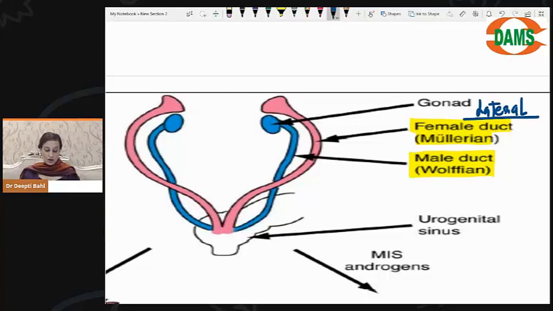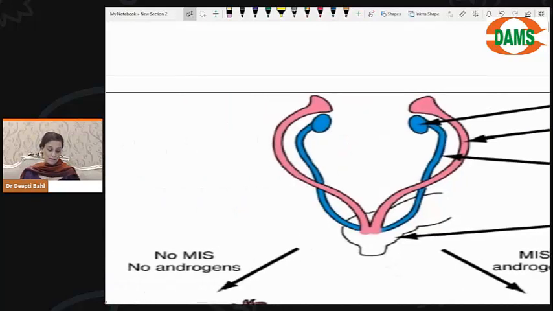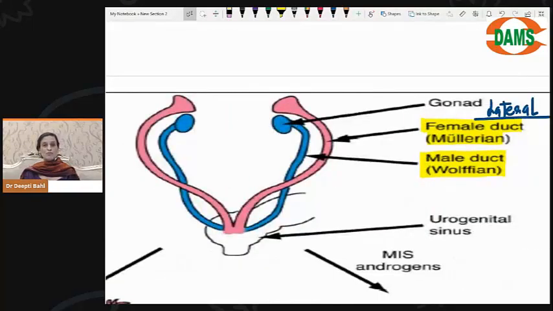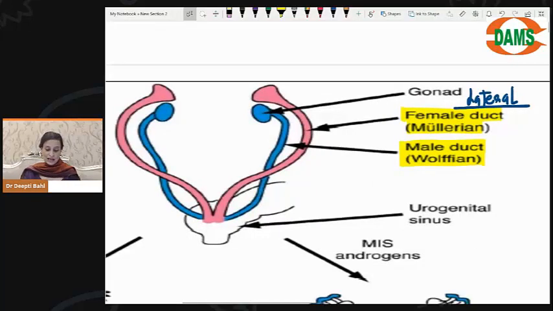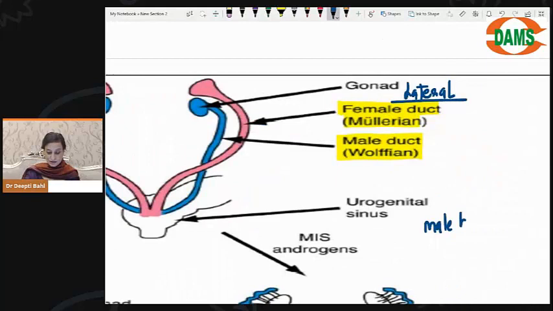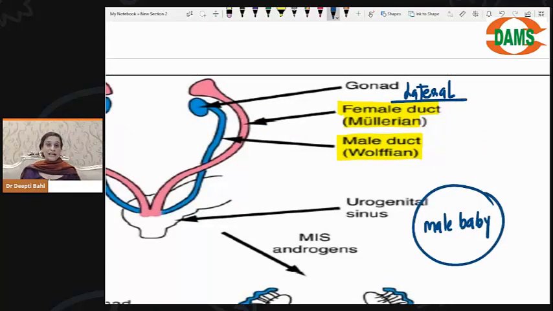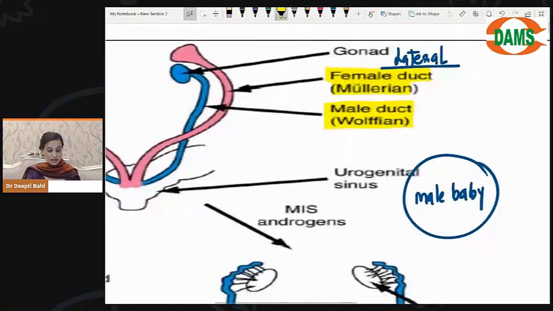Now, suppose this baby is going to convert into a male baby. The male baby is going to release the male hormones. The two most important male hormones that we are going to talk about here are these two, again in your picture.